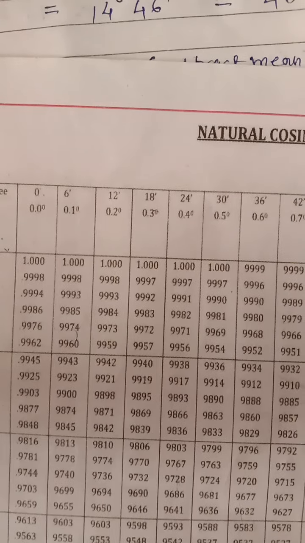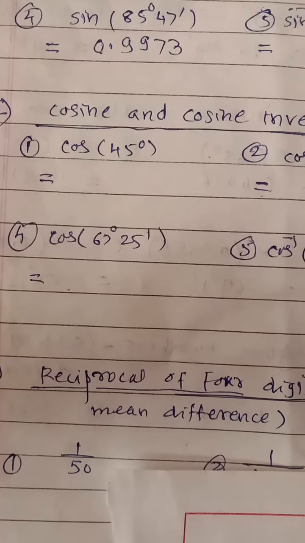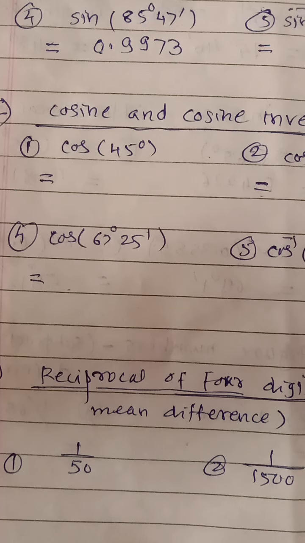And therefore let us see first the cosine of 45 degree. So cosine of 45 degree, that we will have to find. So 45 degree will be found in the very first column.